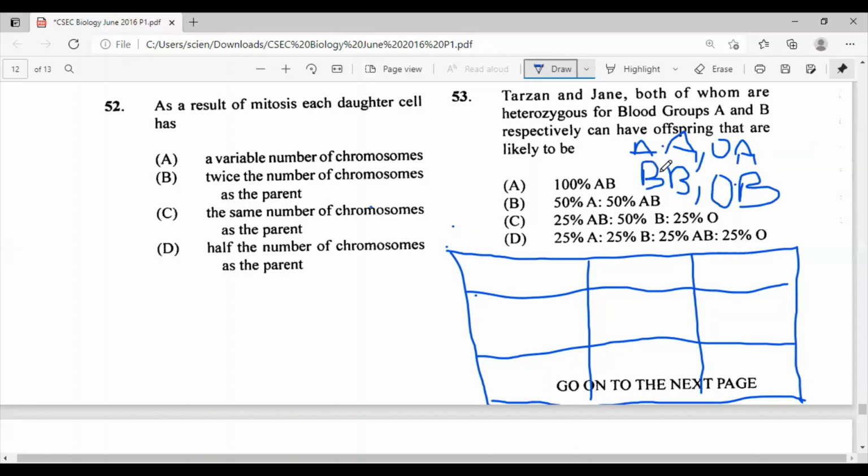It would be the same thing here with having capital B. So the person would be homozygous. So these two alleles, we would get rid of them because they're not needed in this question. So now we know that the parents have OA and OB because that is a heterozygous allele for blood groups A and B respectively. So based on what was said, Tarzan would have blood group A and Jane would have blood group B.